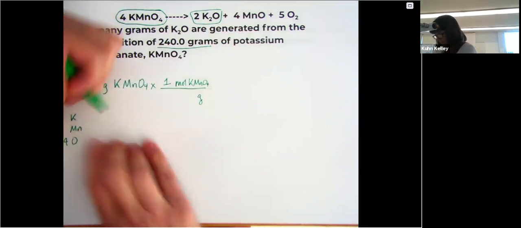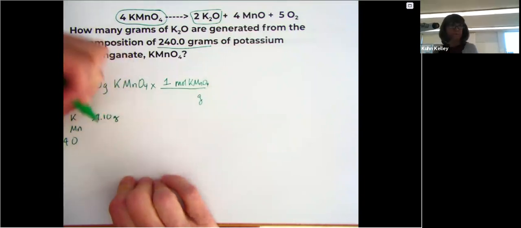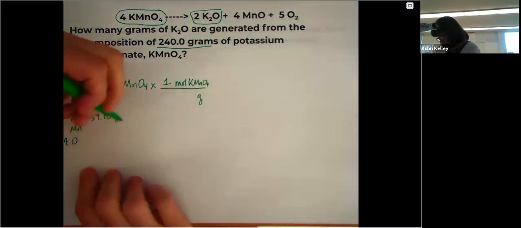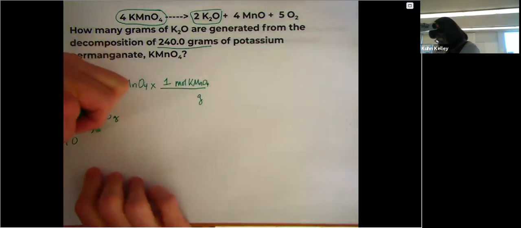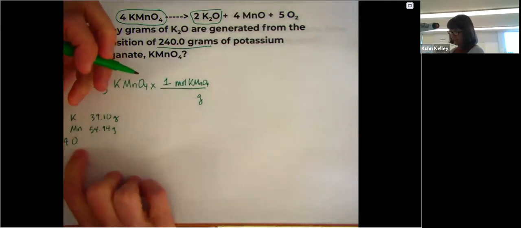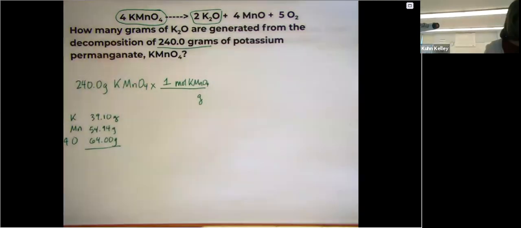So for example, potassium is 39.10 grams. Manganese is 54.94 grams. And 4 oxygens, 4 times 16 is 64 grams. Then I will add those up to get my molar mass.